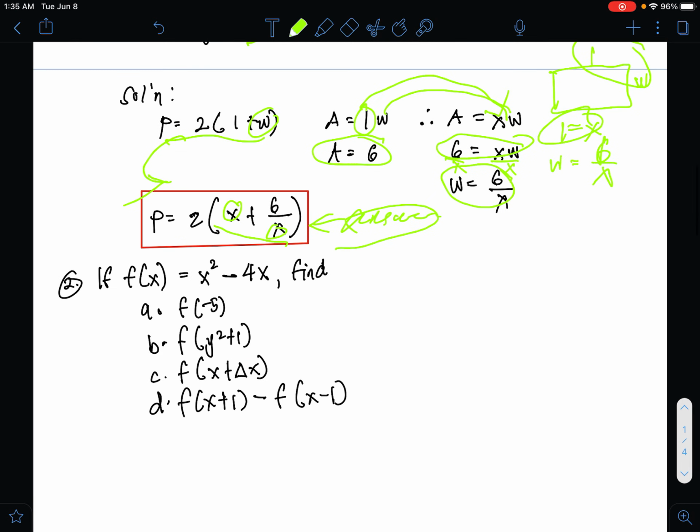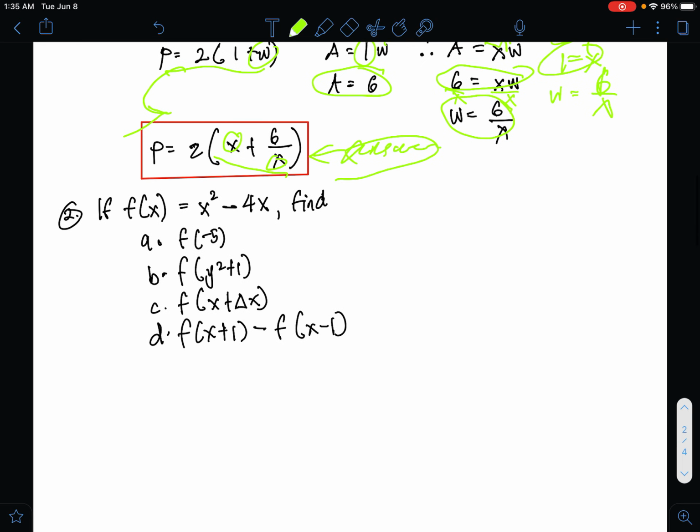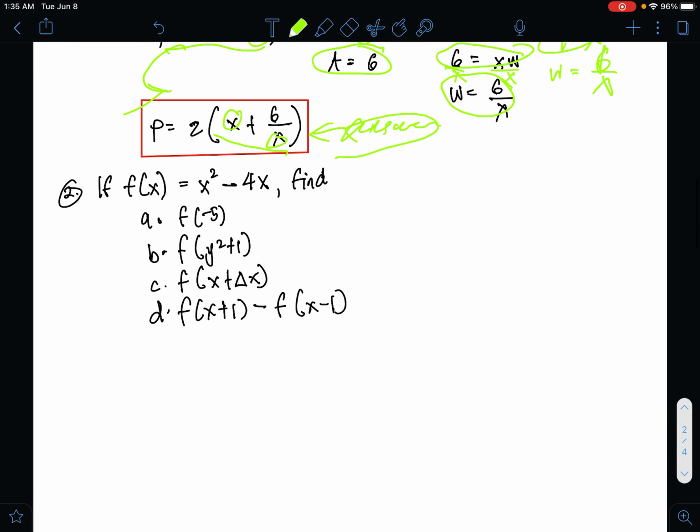Now for number 2, very simple. It's a function. If f of x is equal to x squared minus 4x, we are going to find f of negative 5. This is very easy. You just simply substitute.